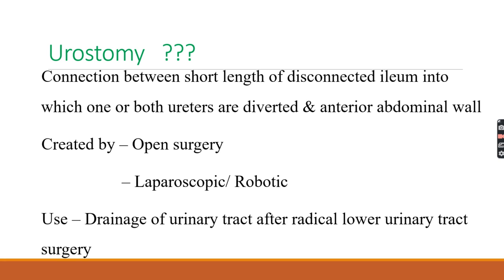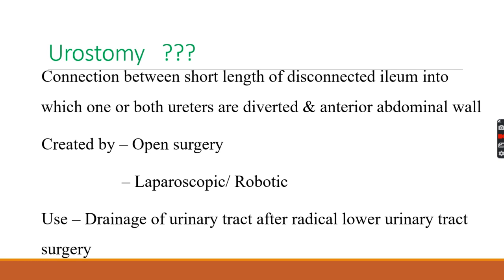We can create it either by open surgery or laparoscopic route, and in a few centers, yes, robotic surgery can also be used for this purpose. And what is the use of this urostomy? Drainage of the urinary tract.